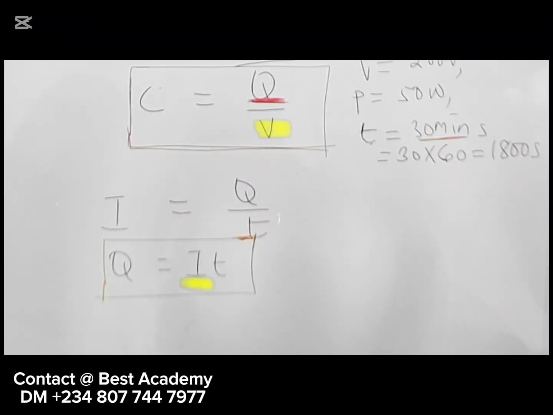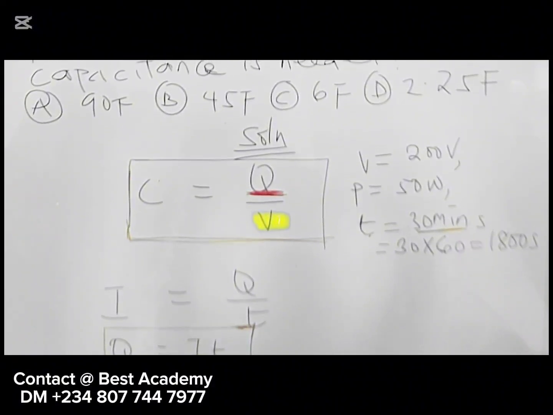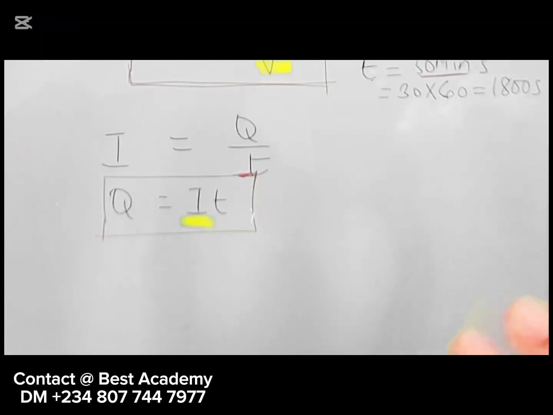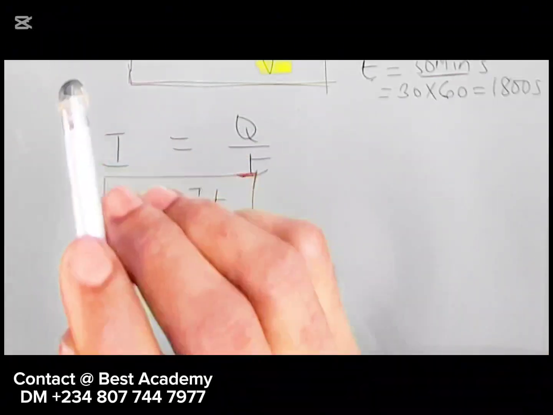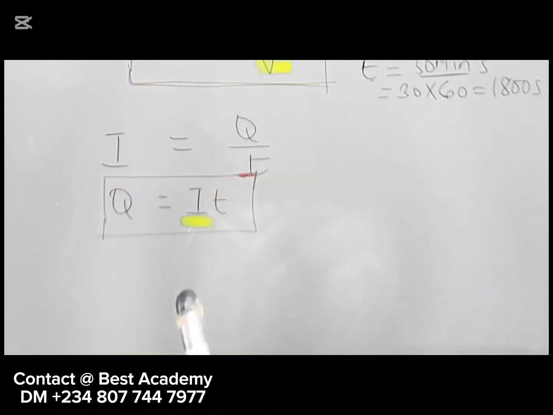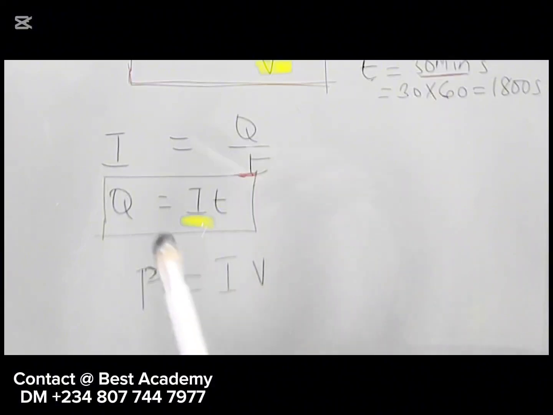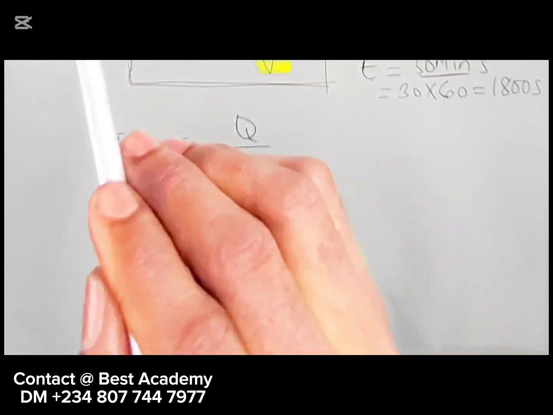Now we have a fundamental formula relating power with voltage, that is potential difference, and that electrical power P is said to be IV, where we are looking for I. P is given to us as 50, which is equal to I times 200.